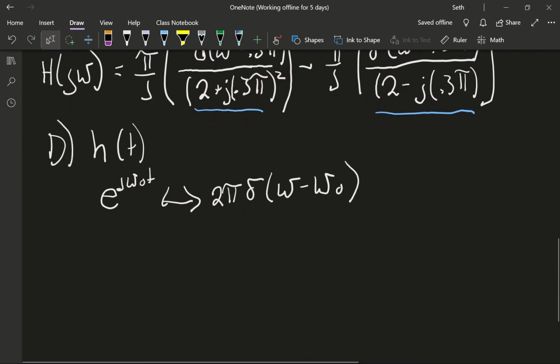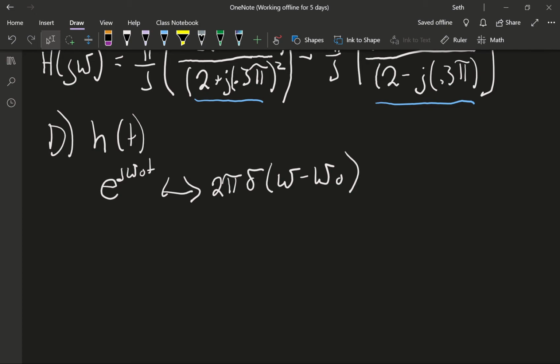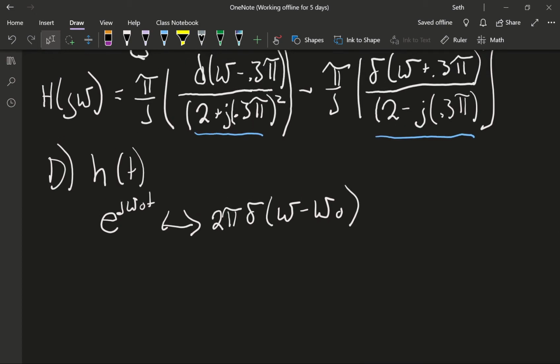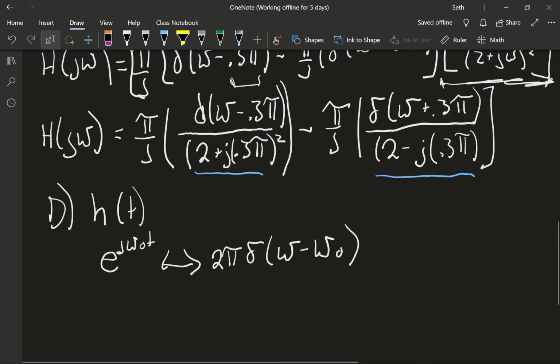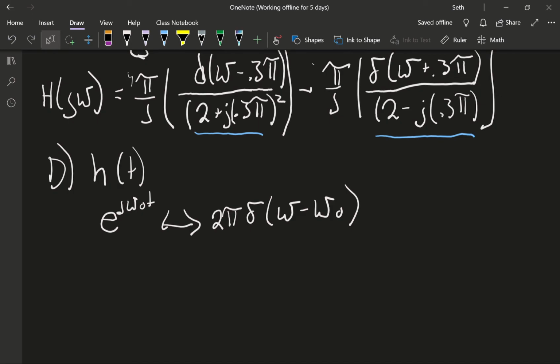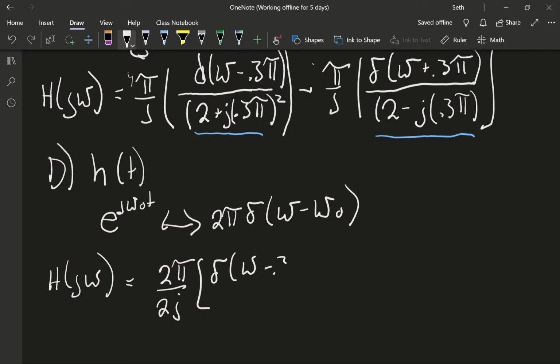So let's find h of t. We need a 2 here, so we can multiply by 2 over 2, so we'll write H of j omega again. We get 2 pi over 2j times delta of omega minus 0.3 pi, over 2 plus j 0.3 pi.